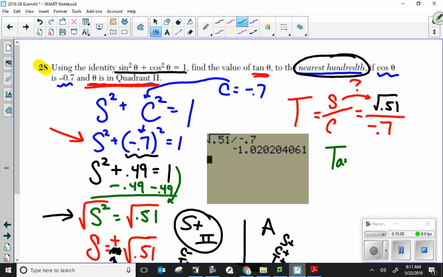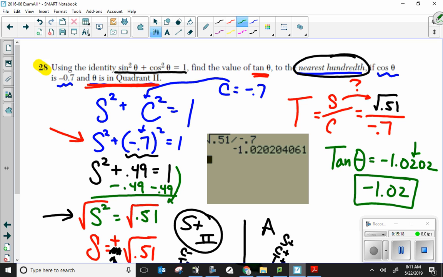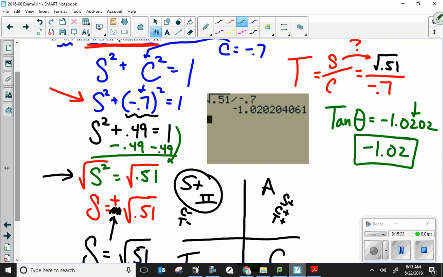Tangent of theta equals negative 1.0202. They want it to the hundredth, so I'll say negative 1.02. That is tangent. Now, if I wanted to check, this is in quadrant 2, right? Isn't tangent negative in quadrant 2? It is. So my tangent should be negative. Not too bad.